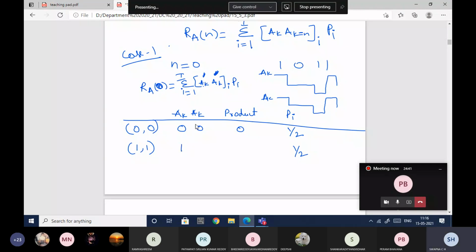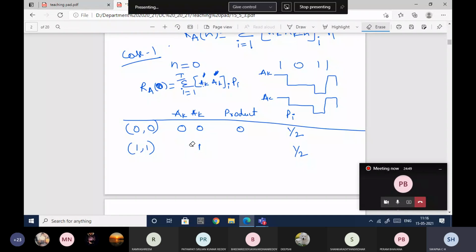Now AK is 1 and this also is 1. So what happens to the product? I'll write in terms of A and minus A. So 1 and 1, 1 can be positive A. If this is positive, even this will be positive only, so the product will be A square.